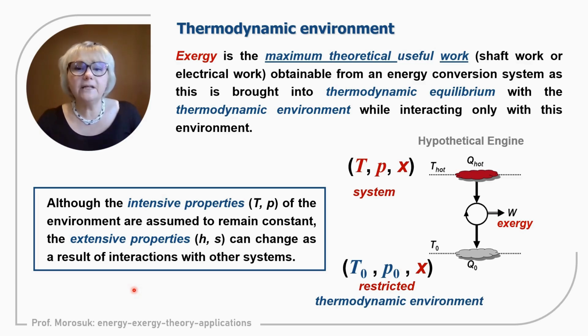For the restricted thermodynamic environment, intensive properties, temperature and pressure, are assumed to be constant, but extensive properties, enthalpy and entropy for example, can change as the result of interactions with other systems. The second part of this sentence is very confusing, but at present just trust me that this sentence is correct, and in the next lecture I will give you a proper definition and confirmation.